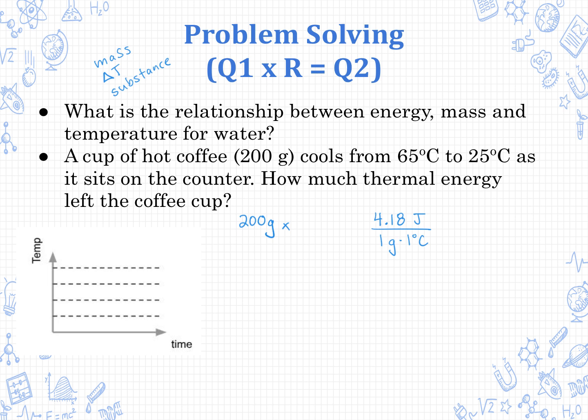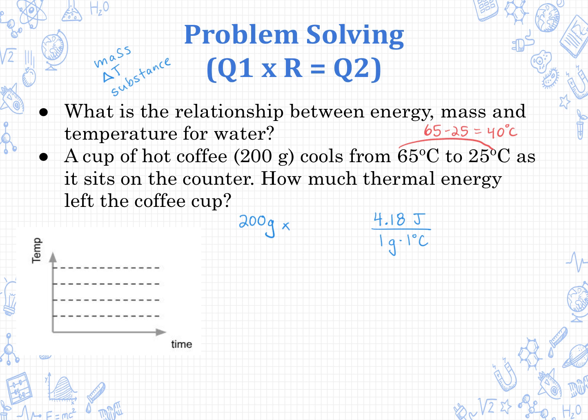But also, the temperature is changing, not just 1 degree, but the temperature is changing 65 minus 25, 40 degrees Celsius. And you do want to remember it's about temperature change. We focused on delta T when we discussed our lab.